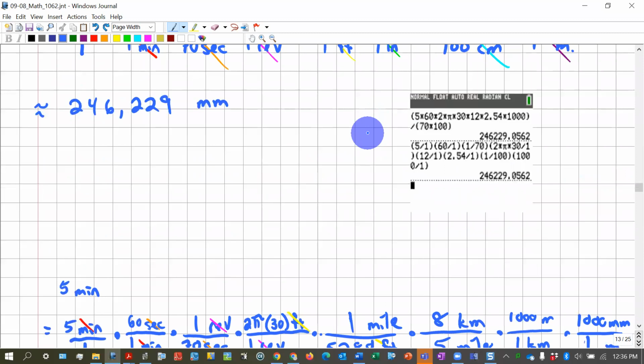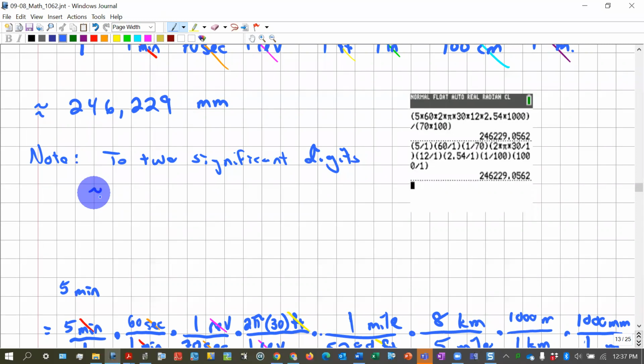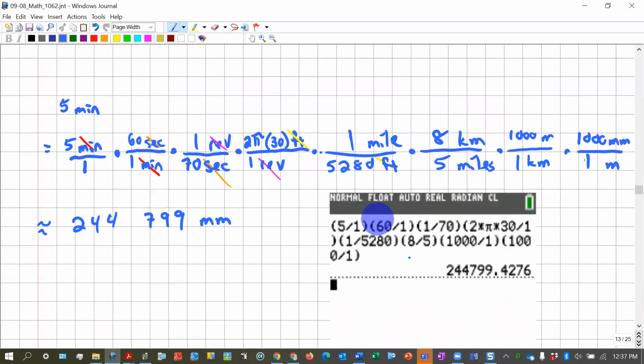So notice, if we only kept 2 significant digits the first time, this would be 2.5 times 10 to the 4th millimeters, whereas this one would be 2.4 times 10 to the 5th millimeters. And that's how your science and engineering people are going to want you to write your answer.